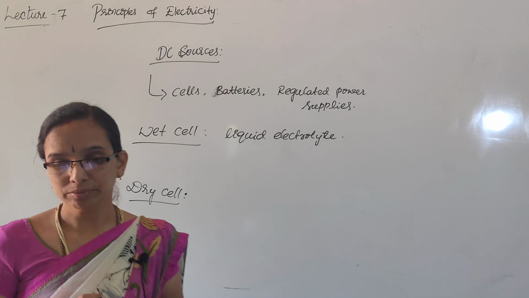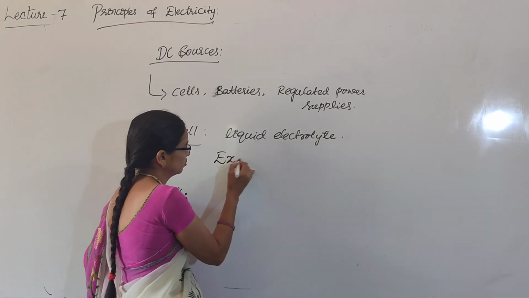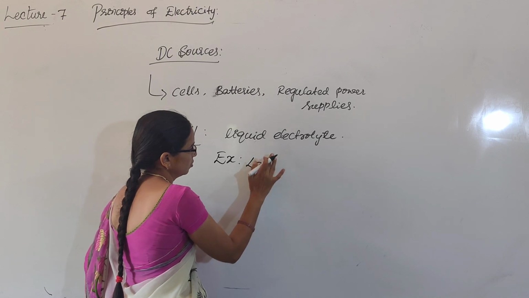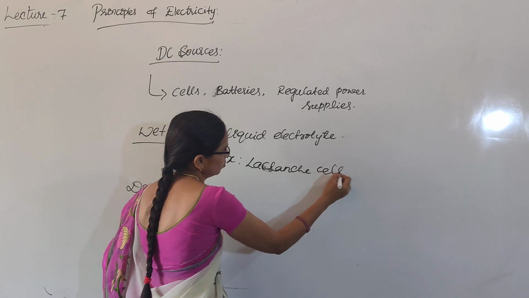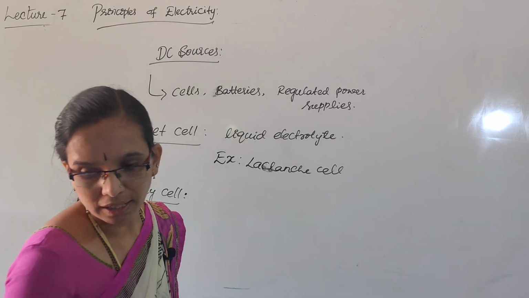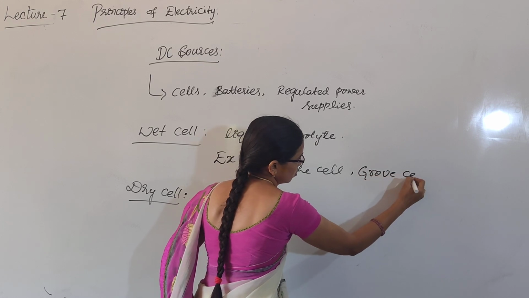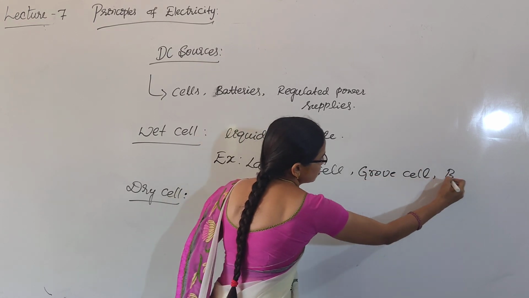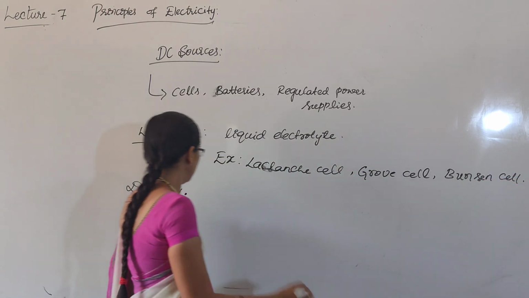Examples for wet cells are Leclanche cell, Grove cell, Bunsen cell, etc. Okay.